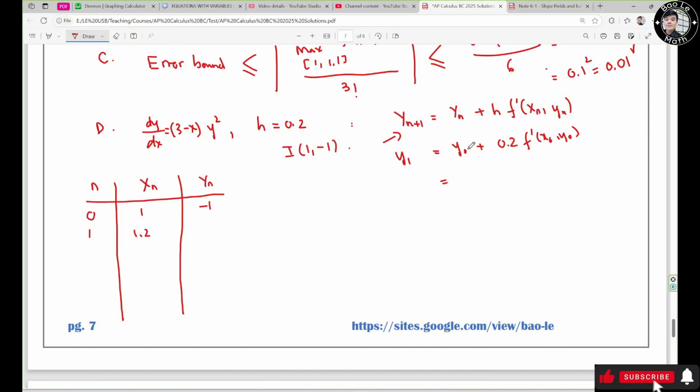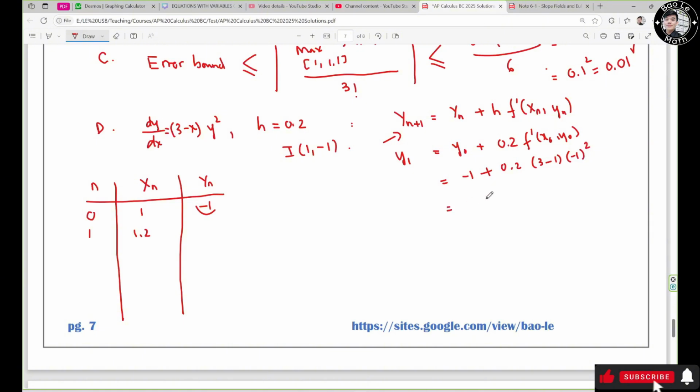So y0 is negative 1, plus 0.2 times the derivative at s equals 1, y equals negative 1. Substitute over here, so you have (3 minus 1) times negative 1 squared, right?